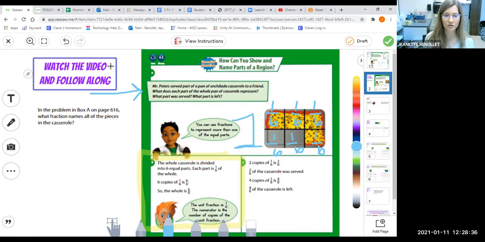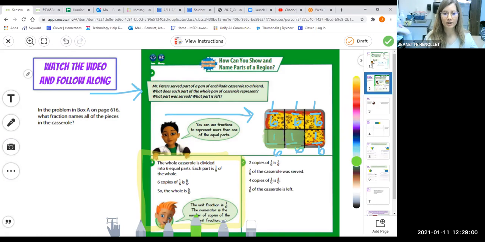We talked about that last week. So now let's think about how many parts were eaten. If we look at the example, I notice that there are 2 pieces missing. This part has been eaten, and this part has been eaten.